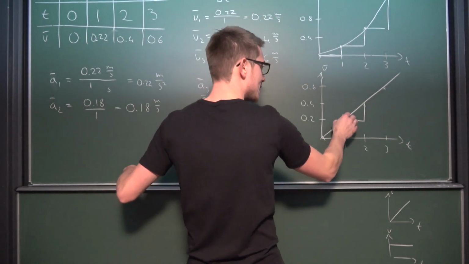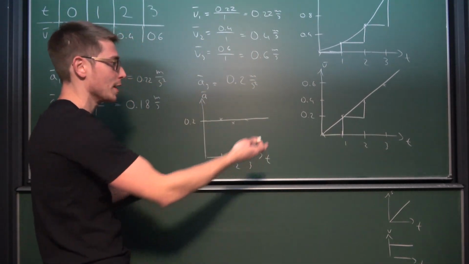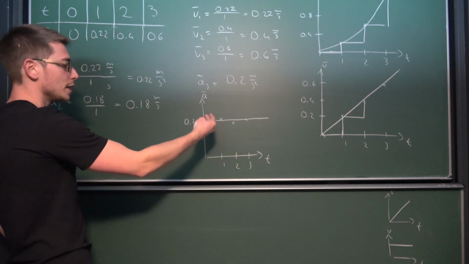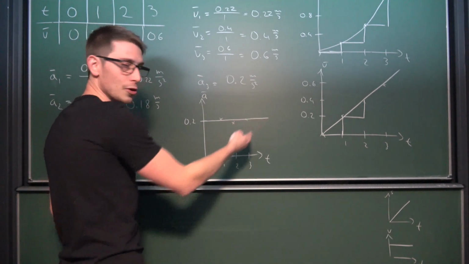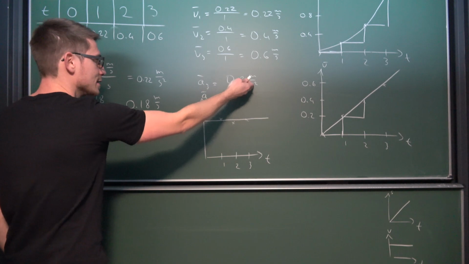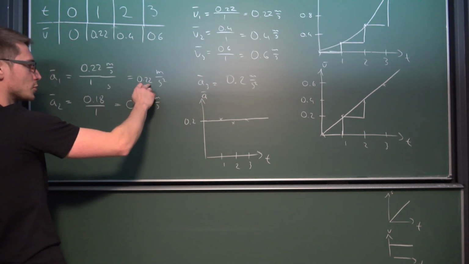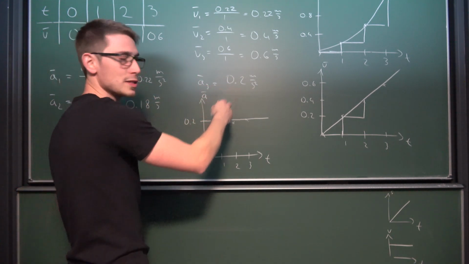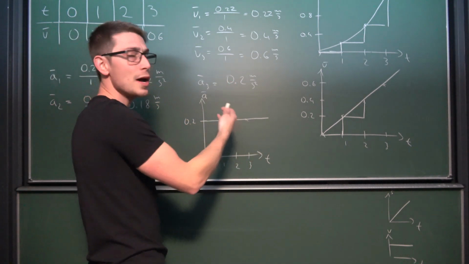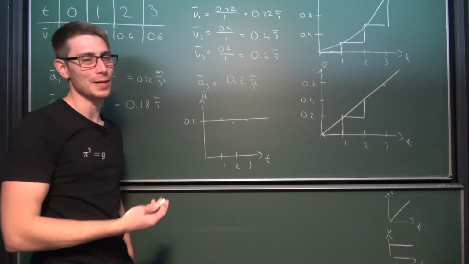This is what they can see. We got a constant slope. It's a linear function. And this constant slope can be expressed by the so-called acceleration, which is, on average, 0.22 plus 0.18 plus 0.2, which is 0.6, divided by 3, which is 0.2 meters per second squared as our acceleration.